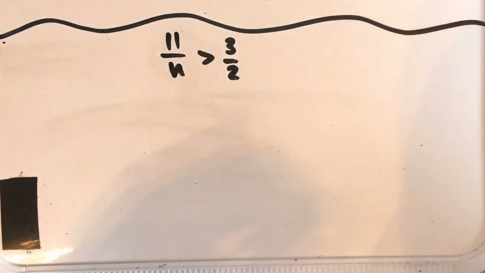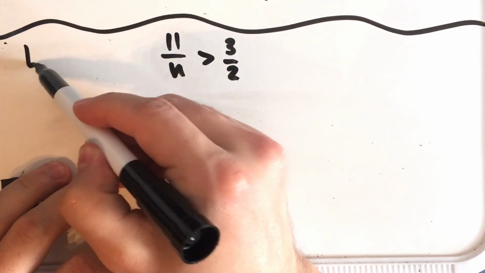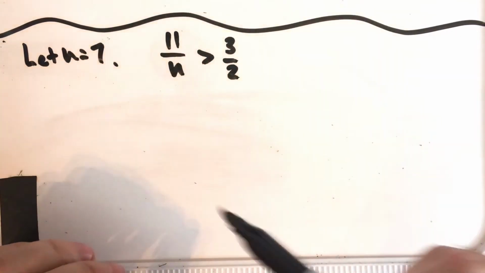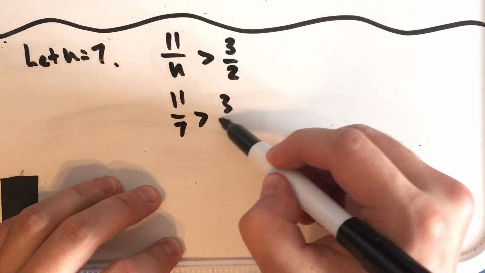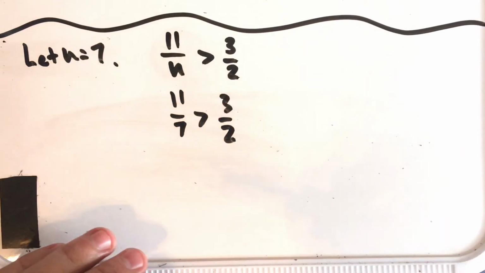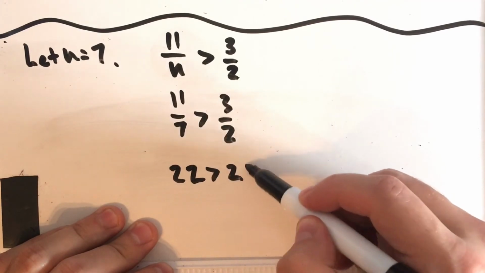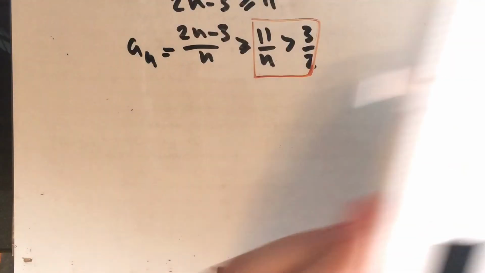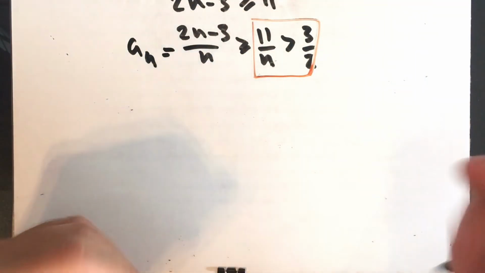Notice that if we let our little n equal to 7, then what we get is, and after cross multiplying we get, which is true, 22 is greater than 21. And we can now pick up where we left off with the proof.